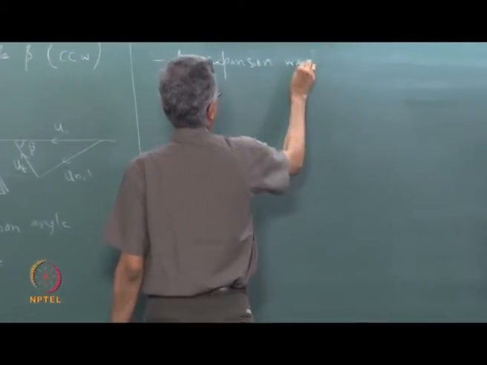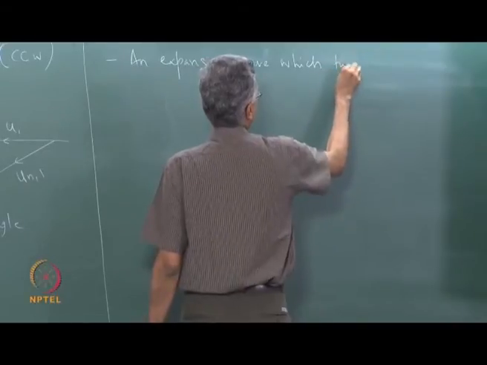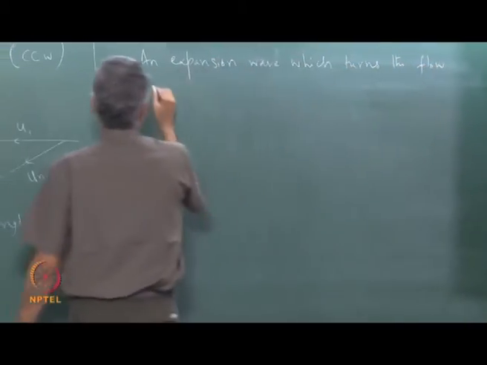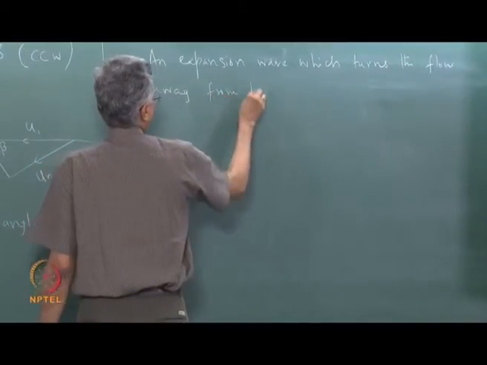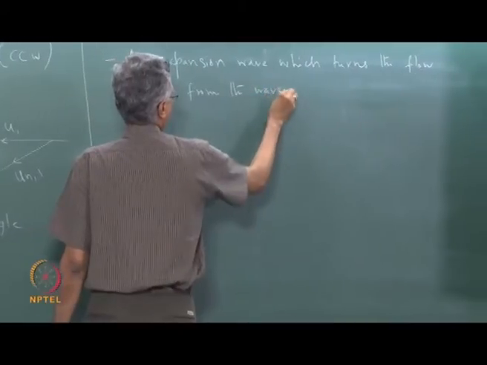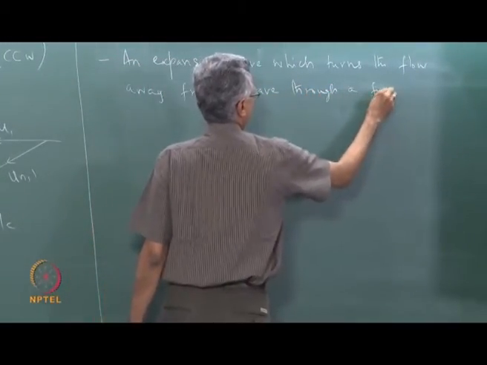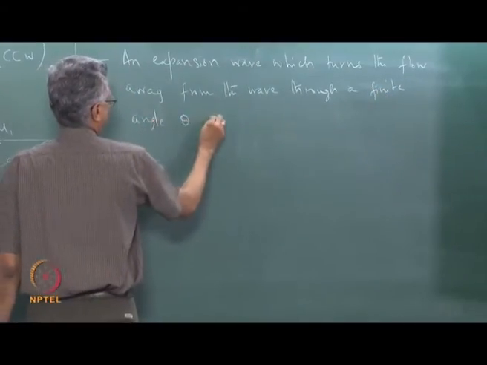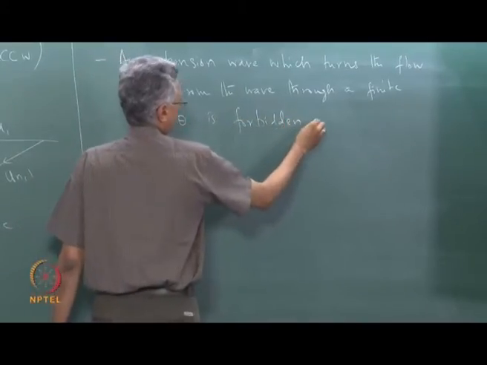So an expansion wave which turns the flow away from the wave through a finite angle is forbidden by the second law.